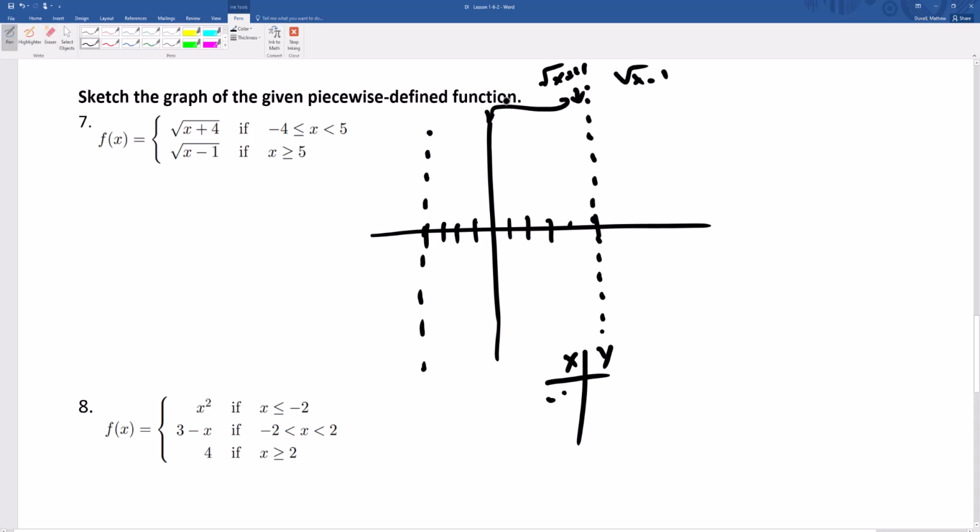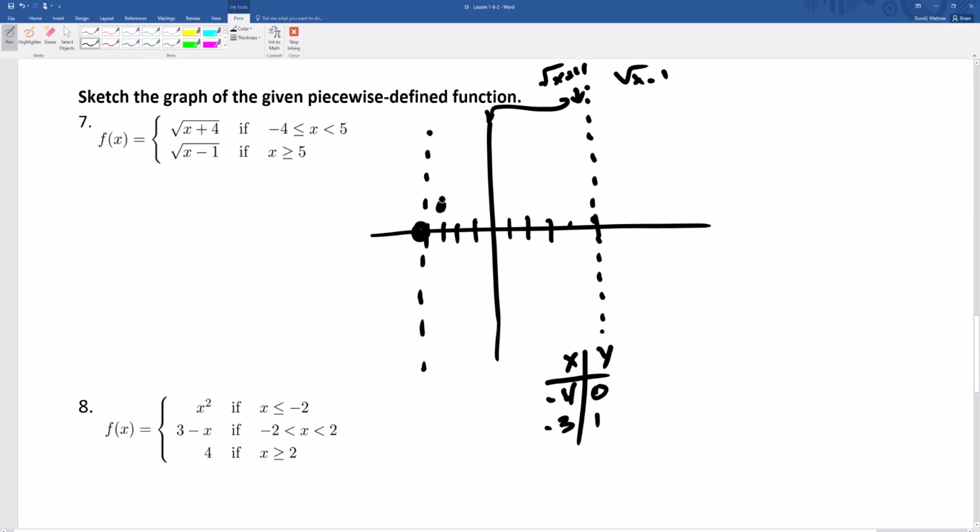So all of this is the square root of x plus 4. Okay, so you just plug in values, like plug in negative 4. If I plug in negative 4, I get 0. If I plug in negative 3, negative 3 plus 4 is 1, square root of 1 is 1.